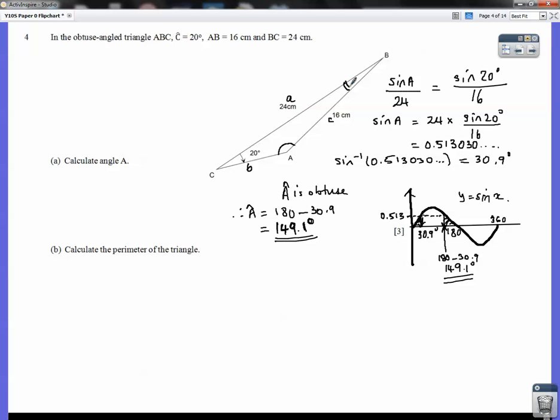Now angle B is 180 minus 20 minus angle A. So let's write that out first. Angle B is 180 degrees, subtract 20 degrees, subtract angle A, which comes to 10.9 degrees.